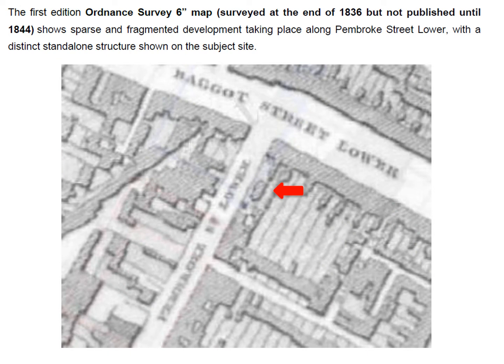Some of the scans are quite blurry when you blow them up. This map is from 1844, but you can make out the development happening along Pembroke Street here. It's quite fragmented, whereas Fitzwilliam Square is further down off this, but you can see how Baggot Street is much more heavily built up, probably similar to how it is today.